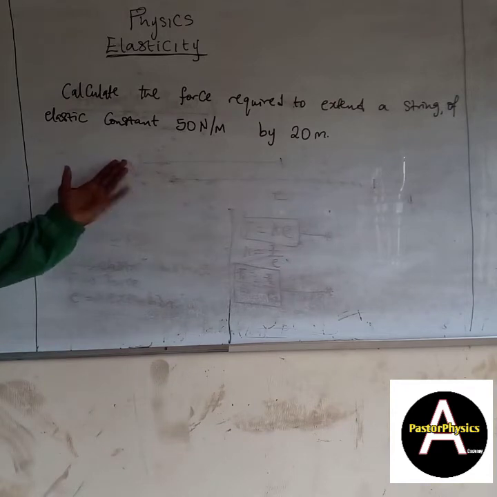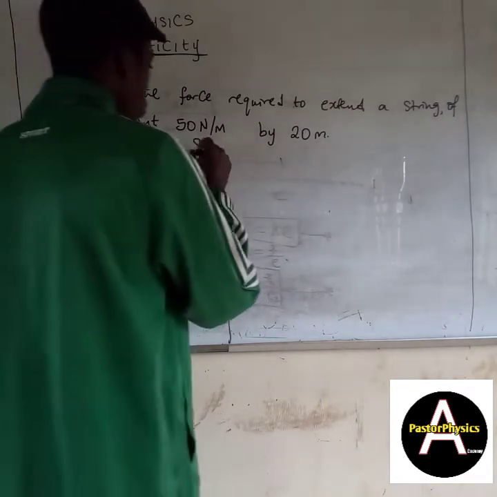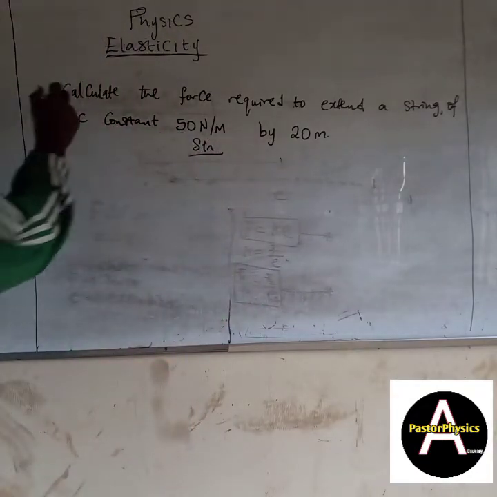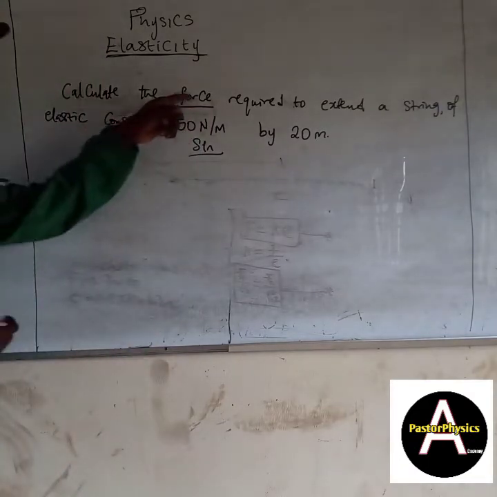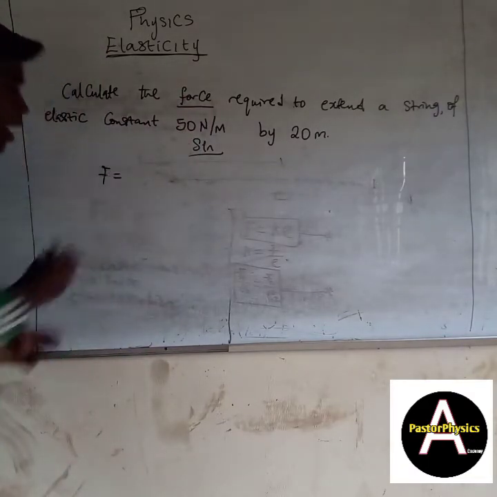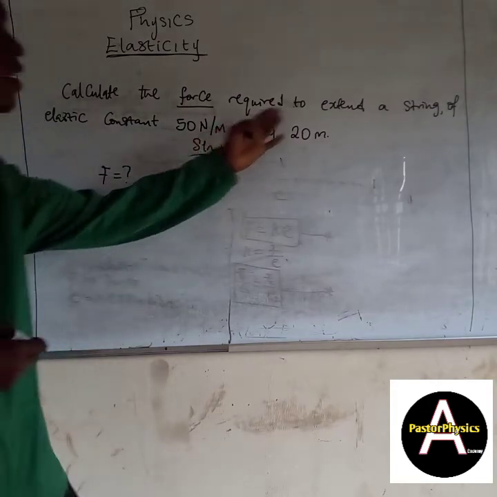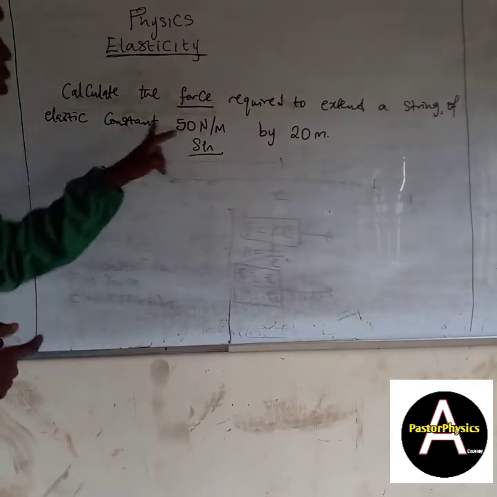So from this, what will you observe? When you are given a problem in physics, what you do is to write out first the parameters. Calculate the force. The first thing you write out is force, F. And since they say calculate the force, it means that F is unknown. You go further. Required to extend a string of elastic constant.